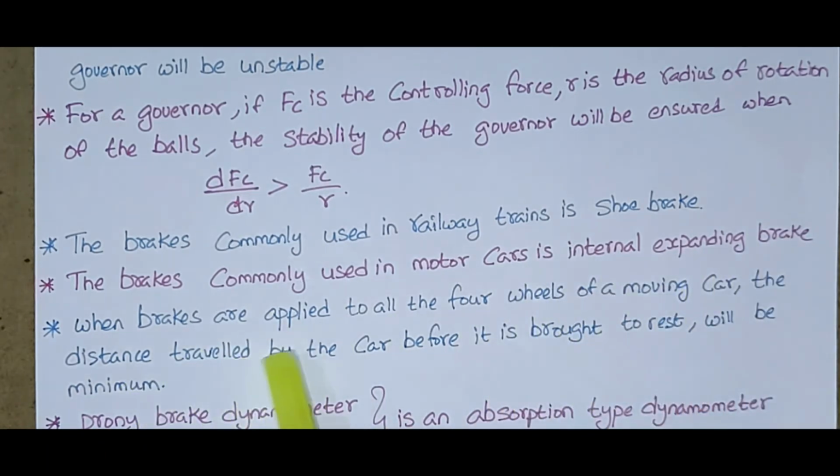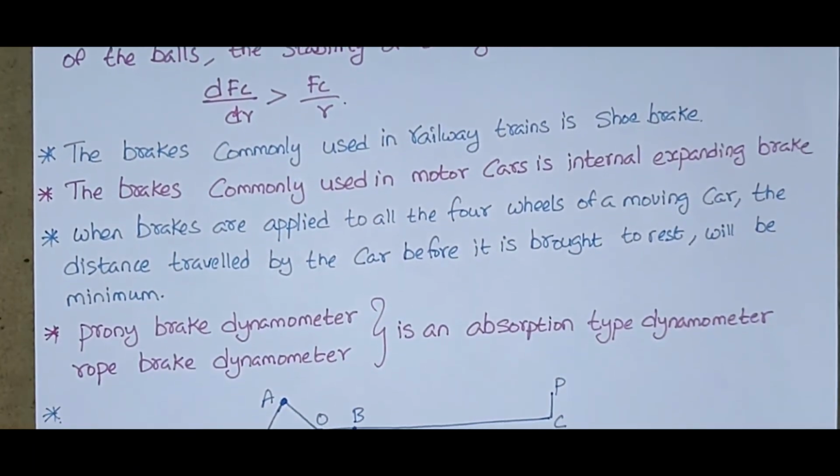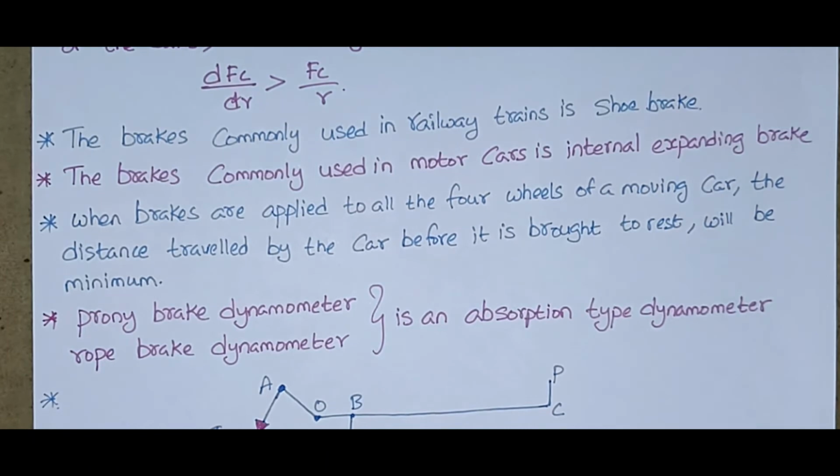Next, when brakes are applied to all four wheels of a moving car, the distance traveled by the car before it is brought to rest will be minimum. Okay, in many cases we have heard two words, minimum and maximum.